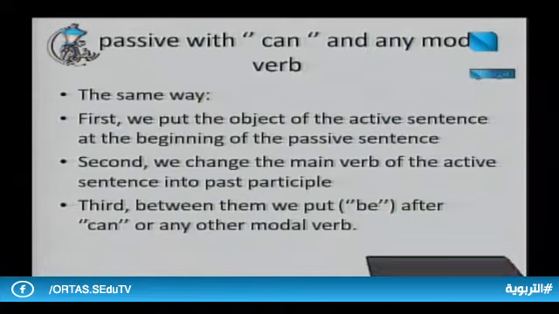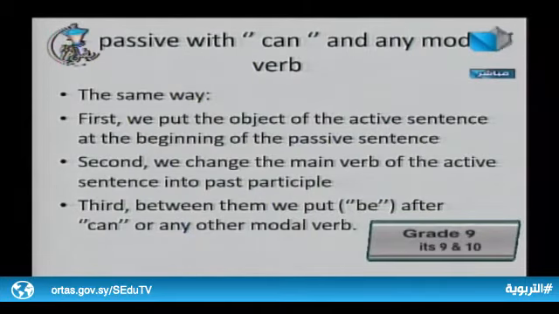Thirdly, between them, we put be after can, because after modals we have to use the infinitive form of any verb. So it is the verb to be, which is used for the passive. Since can is a modal and takes the infinitive form after it, we use be after can.